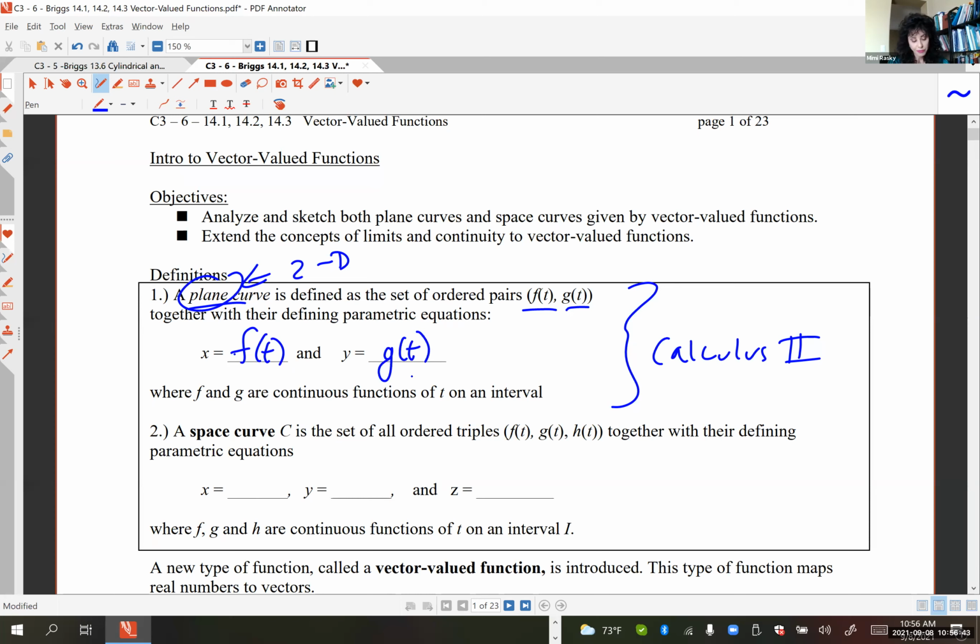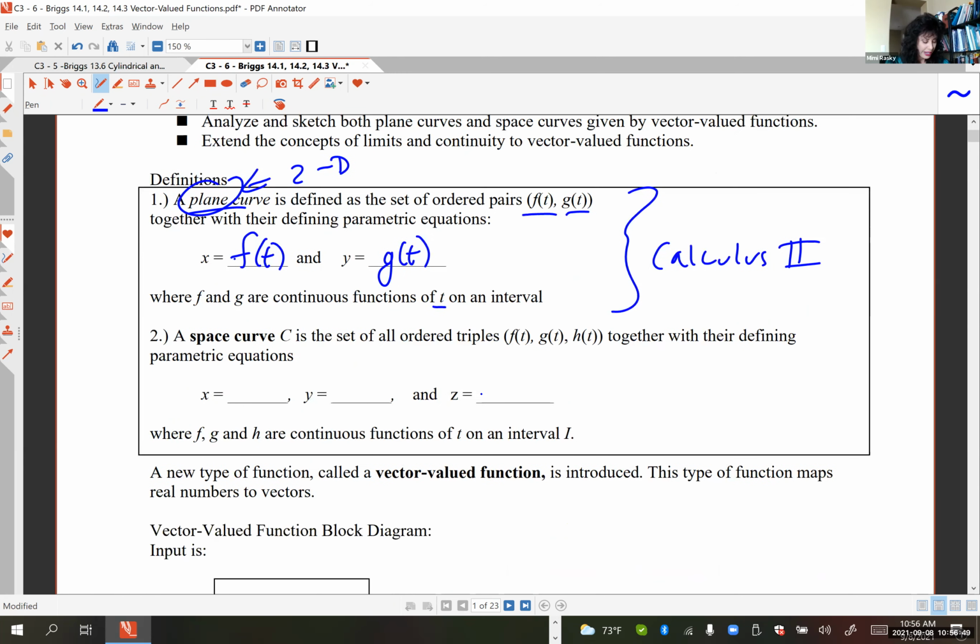Fine. And t is typically time. Not always, but typically. Now, a space curve, so now we're looking at 3D, is a set of all ordered triples now, f of t, g of t, h of t, where your parametric equations are x equals f of t, y equals g of t, and z equals h of t.